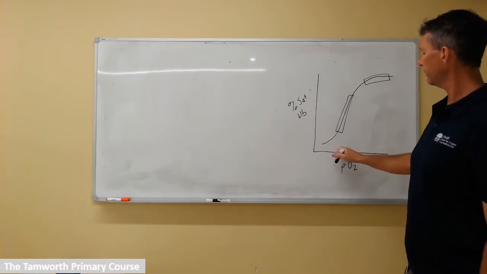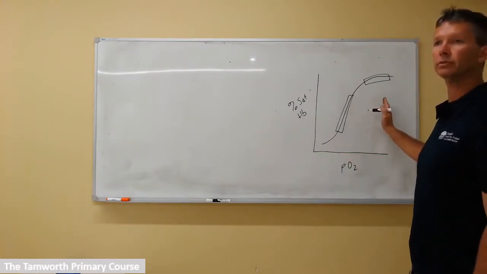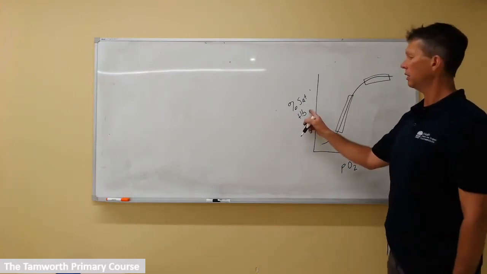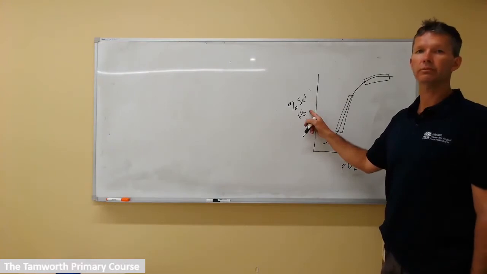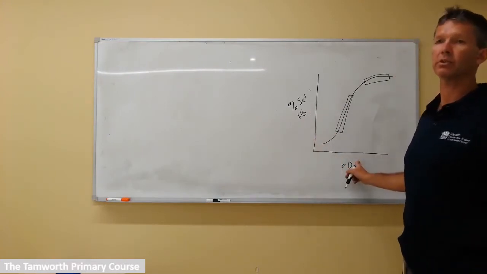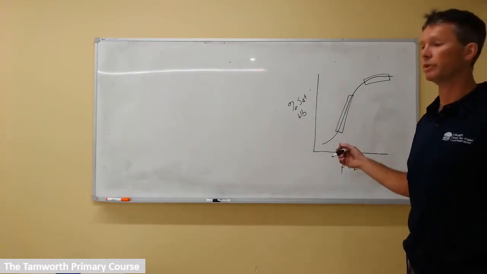And for a given set of numbers, this curve can move, i.e. it creates different conditions of the amount of oxygen sitting in the blood relative to the partial pressure or tissue pressure of oxygen. And that's advantageous, and we'll talk through that.